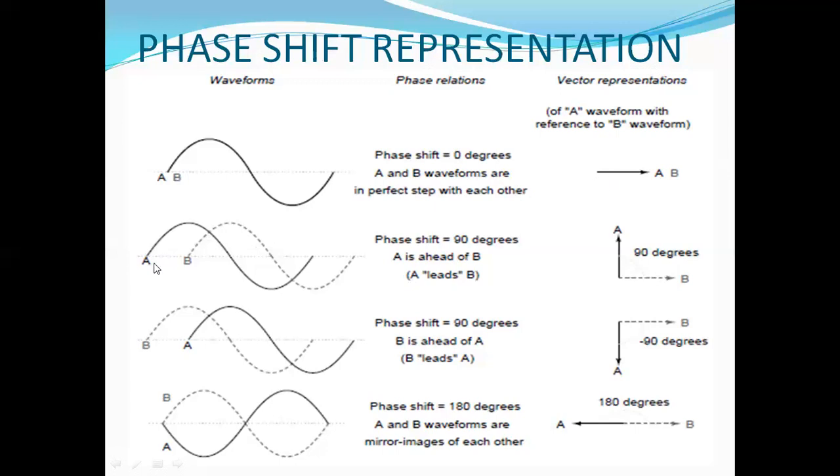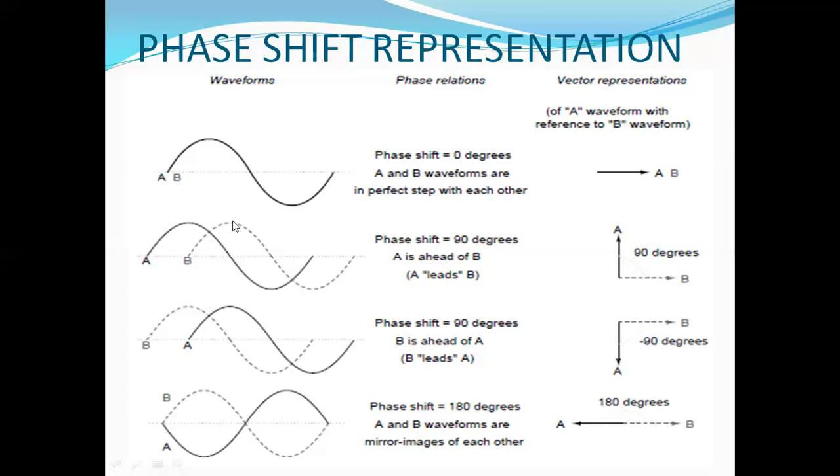Now in the second diagram, if you observe, waveform A and waveform B are shown. Here a phase difference of 90 degrees is there. The A waveform is leading the B waveform, so A is ahead of B. So the phasor representation of A and the phasor representation of B are different.